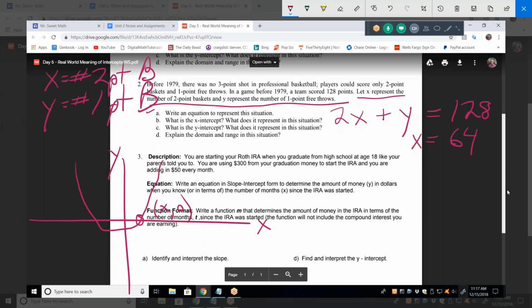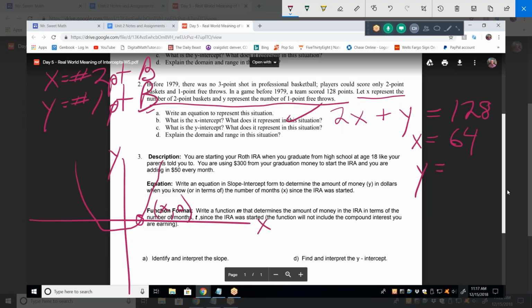Okay. What's the y-intercept? What do you do to figure out the y-intercept? Hold on. Let's go back to our master equation. That's what governs everything. If I'm trying to figure out the y-intercept, what's x equal to?